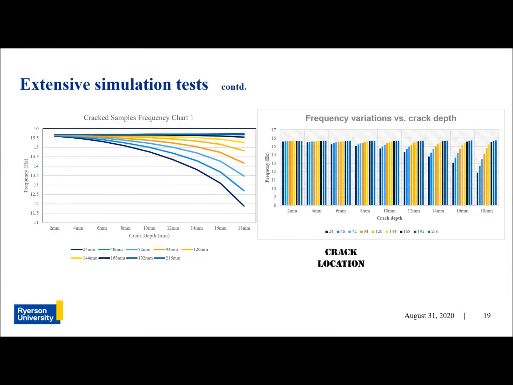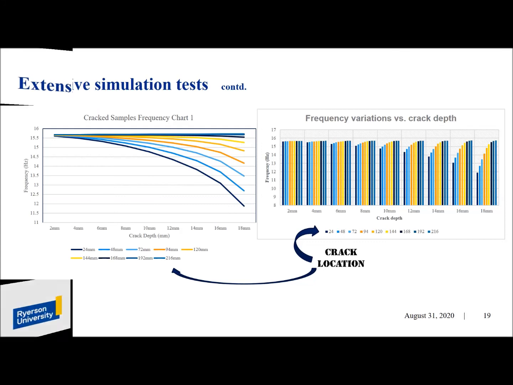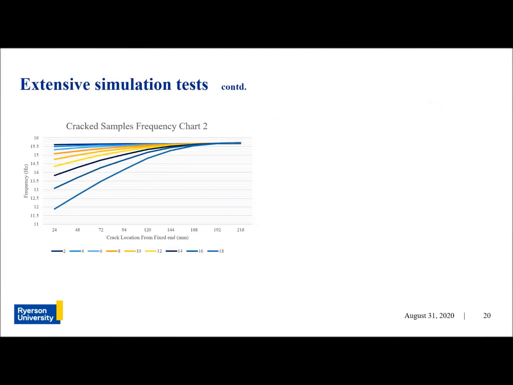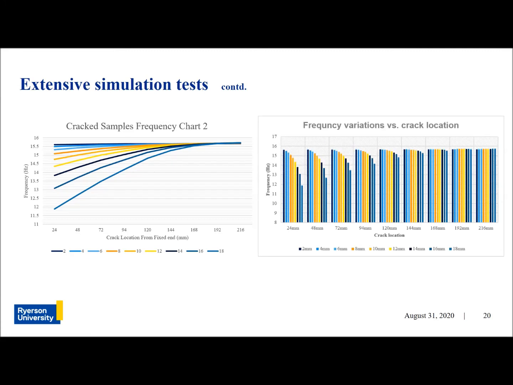The 2D plot and histogram associated with frequency versus crack depth are presented in the figures below. For ease of comparison, the 2D plot and histogram associated with frequency versus crack locations are shown too.